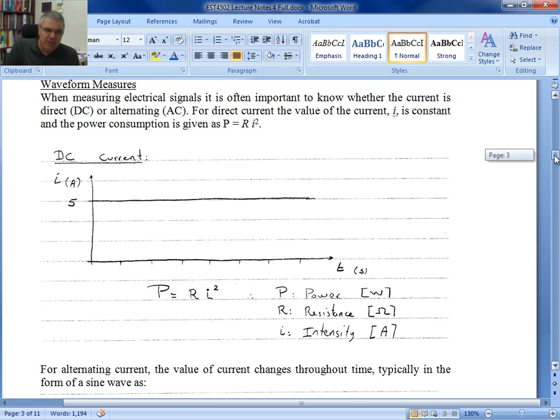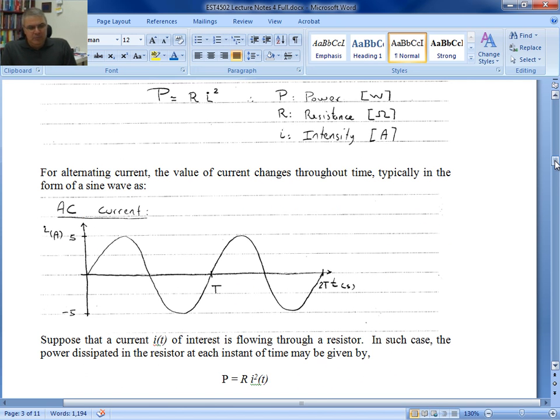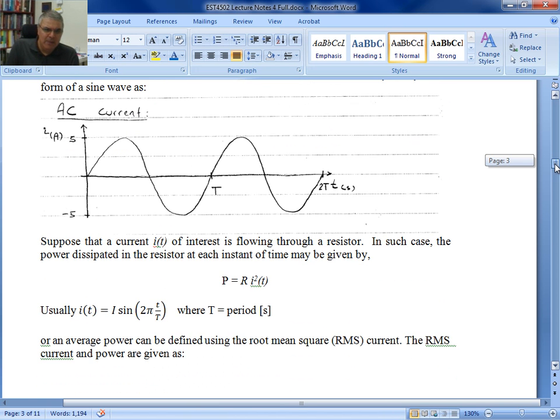And if we change the situation a little bit from DC to AC current, we have a current that is flowing through a resistor, and for an AC, the intensity function I versus t is given here.